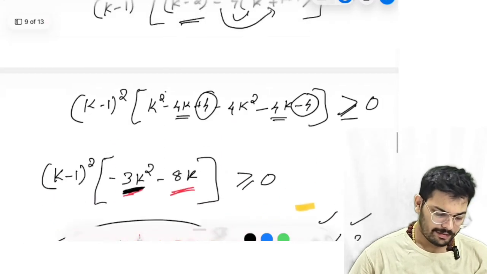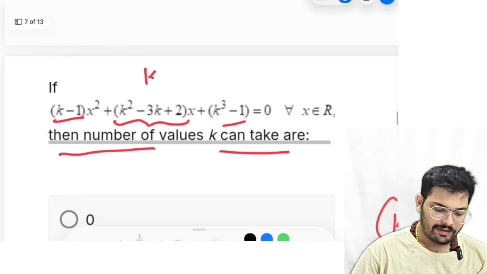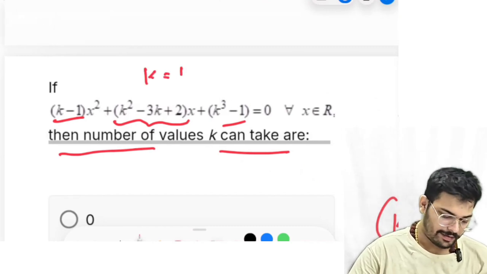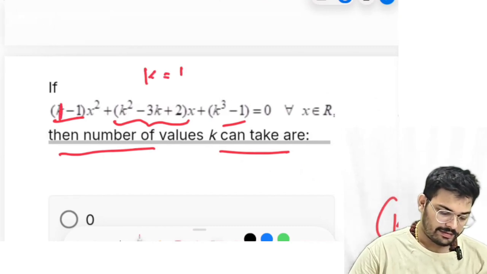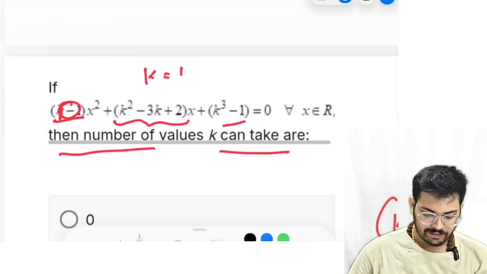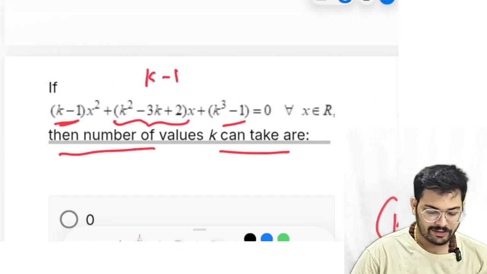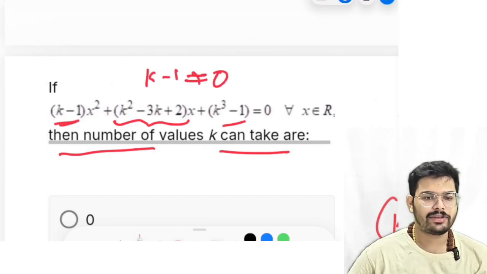Now, before proceeding to this, we need to check one more thing. Suppose k equal to 1. If k equal to 1, this will become 1, so the quotient of x square will become 0. So do you get a quadratic equation? No, therefore k can't be equal to 1. That means whatever the quotient associated with k, that shouldn't be equal to 0.